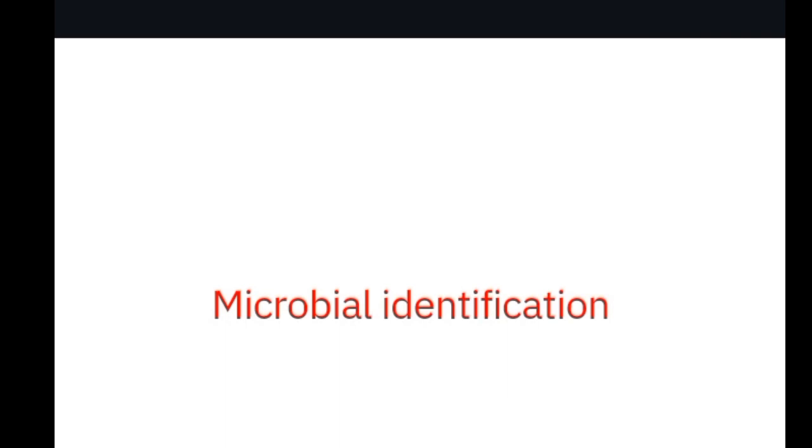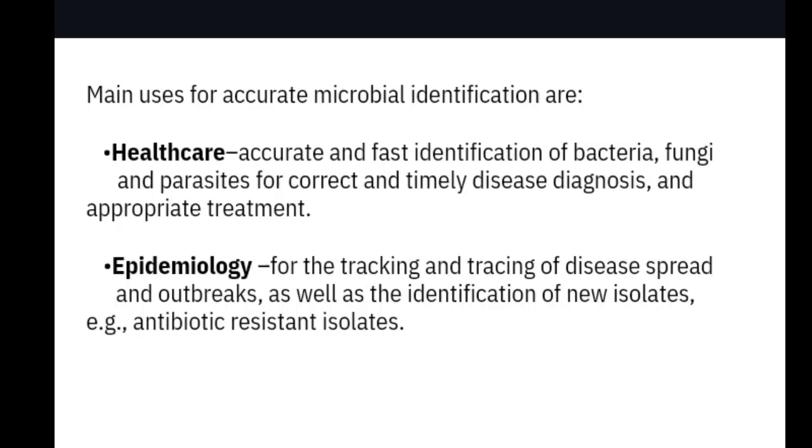Before we discuss their types, we must know where it is used. The main uses for accurate microbial identification are in healthcare, epidemiology, and the pharmaceutical industry, and also in a number of other departments. In healthcare, accurate and fast identification of bacteria, fungi, and parasites is needed for correct and timely disease diagnosis and appropriate treatment.